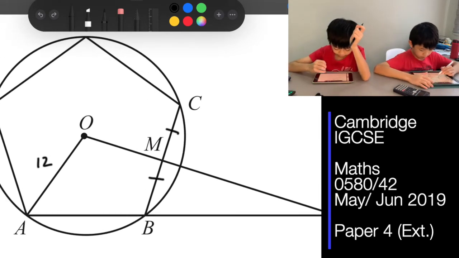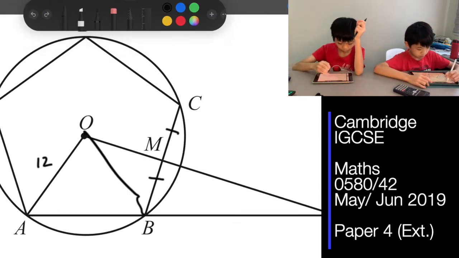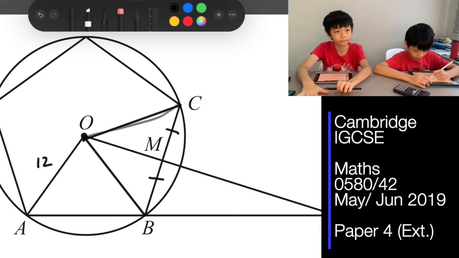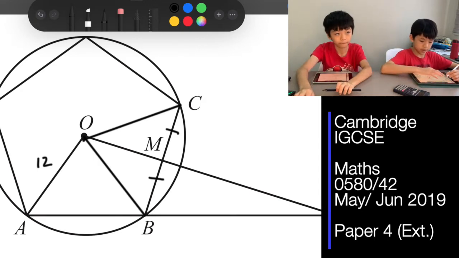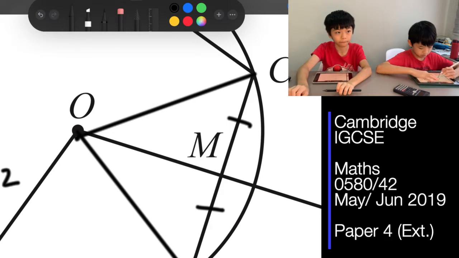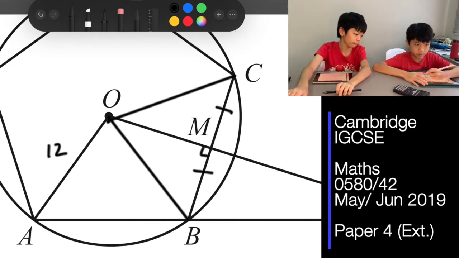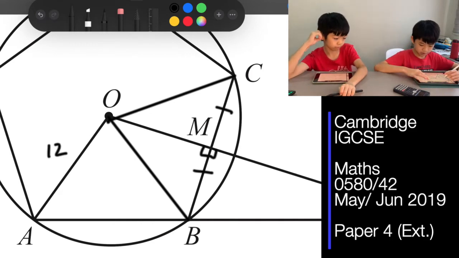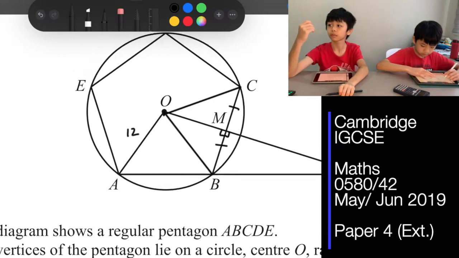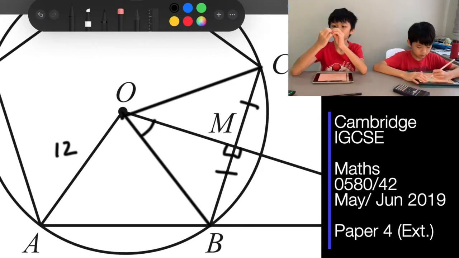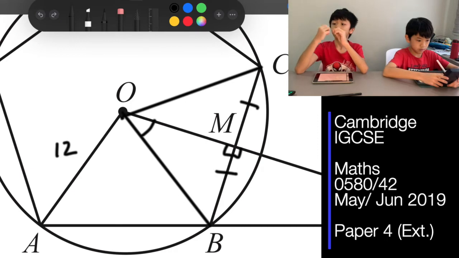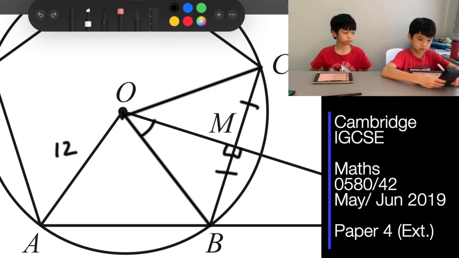First we make an imaginary triangle by drawing two straight lines to form BOC, and we label this as 90 degrees, and also this side. Then we get this angle, which bisects the 360 over 5, 72, so it's half of 72, 36.